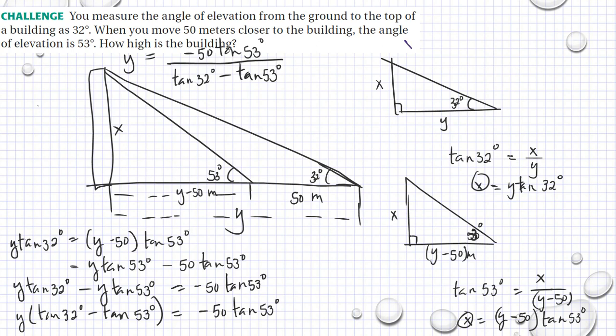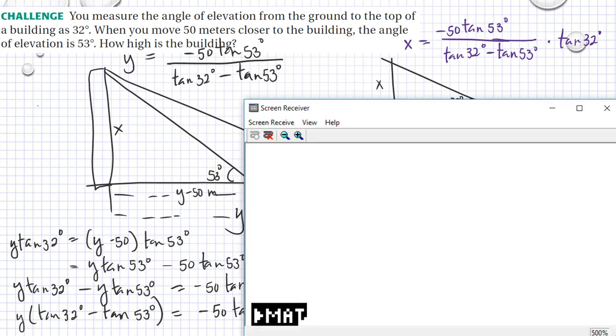So our x now, x is equal to, I'm going to use this equation: negative 50 tangent 53 degrees divided by tangent 32 degrees minus tangent 53 degrees, multiplied by tangent 32 degrees. I'm going to show you how to do it on my screen.